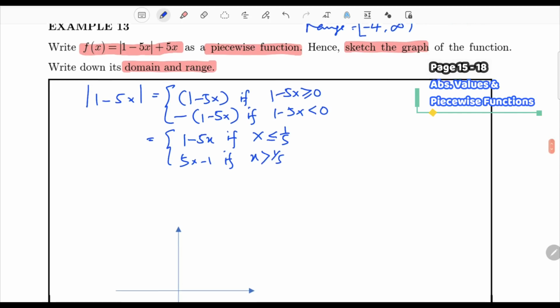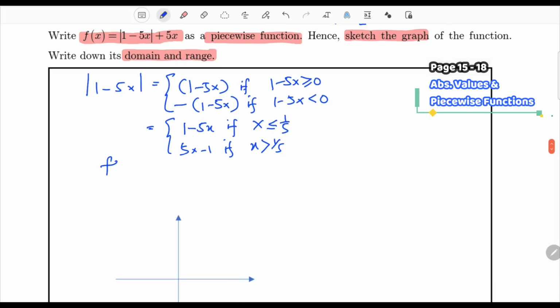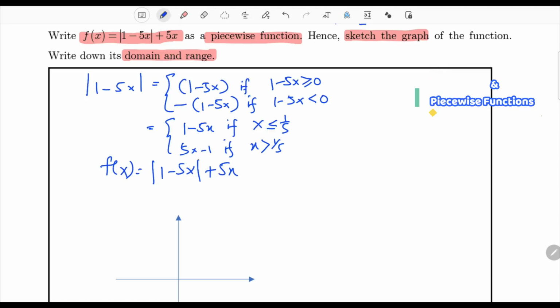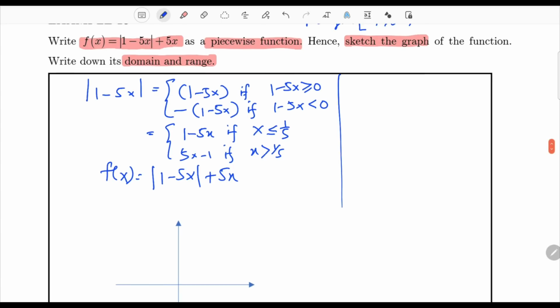So since we have the function f(x) equals modulus 1 minus 5x plus 5x, if I were to use the graph or a table, or if I don't use a table also can. So we need to split the function into 2.